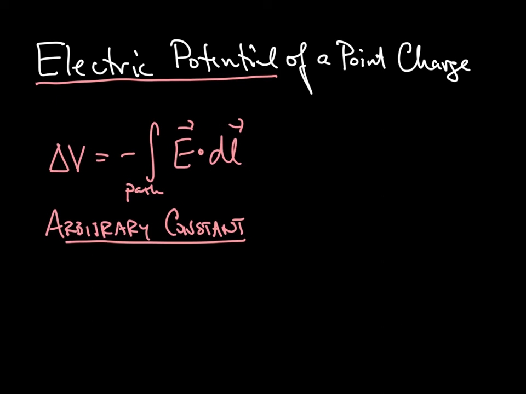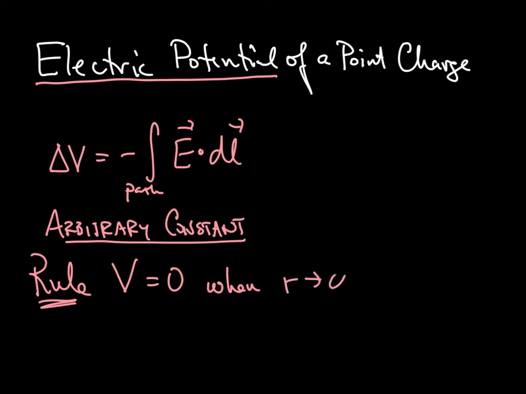Our rule is we want the electric potential to equal 0 when you are infinitely far away from your charge distribution. So maybe you could even call this the very far away.